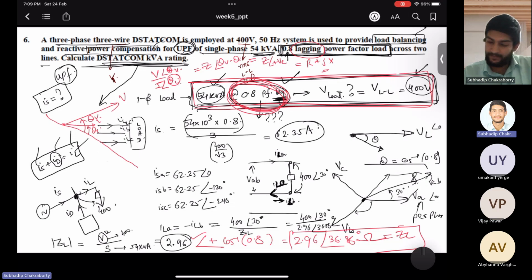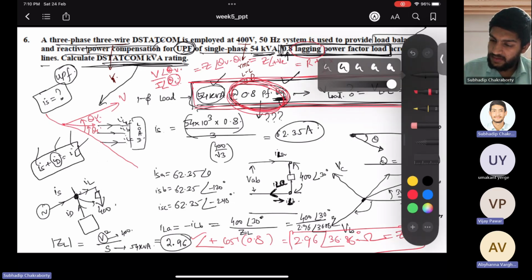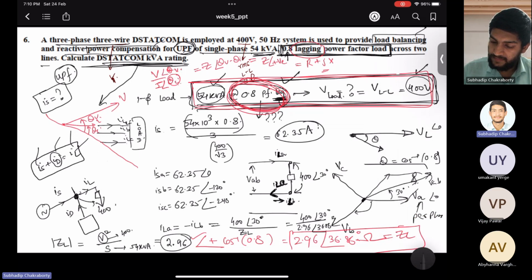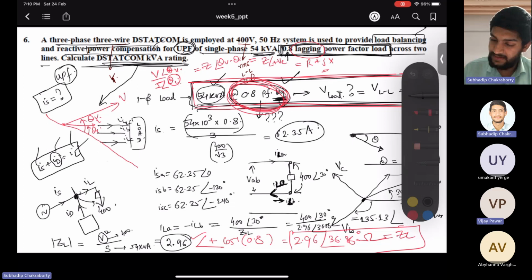Calculate. 135.1 angle minus 6.86, with a minus sign, right?